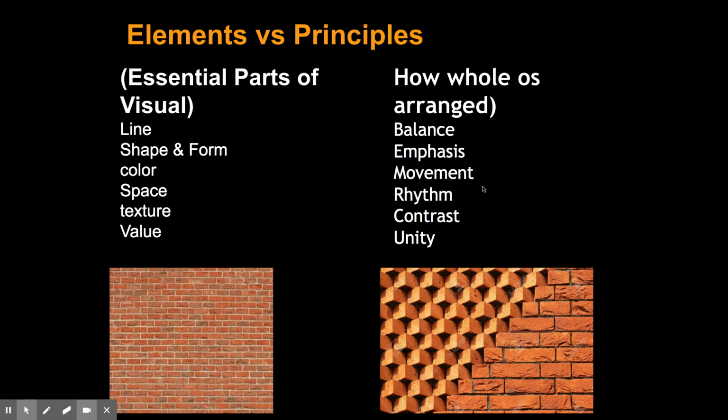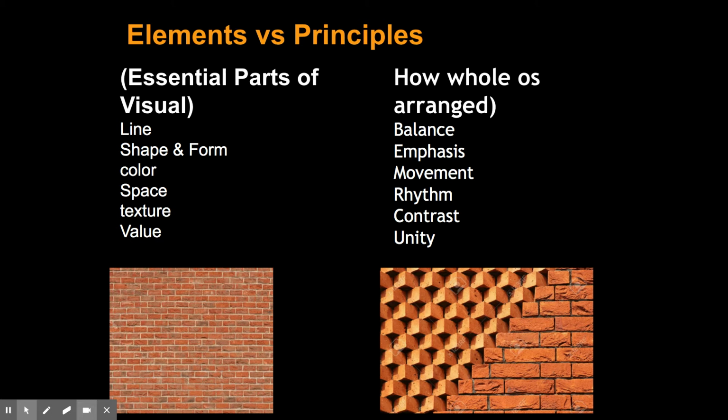So those are always going to be in an image. The principles: balance, emphasis, movement, rhythm, contrast, and unity, are how those elements can be arranged. So same material here, brick, but the designer here has changed how those bricks are arranged so that there is some visual interest.